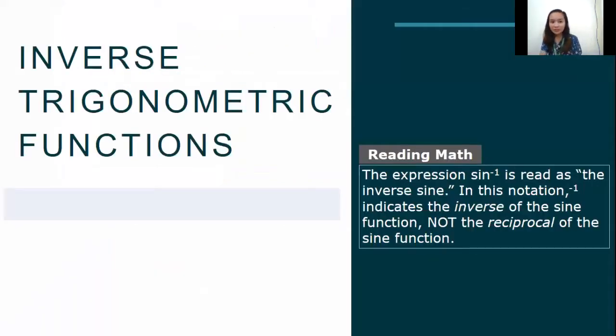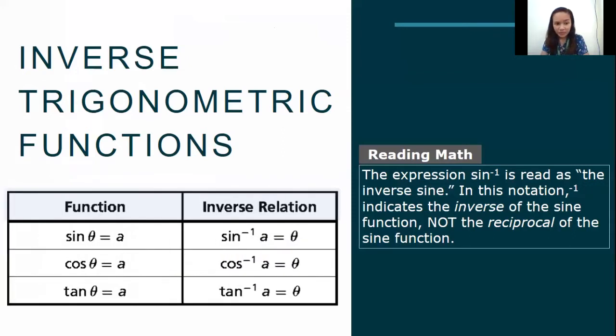Okay, so we also have the inverse trigonometric function. This is basically different from the reciprocal of the functions. In this notation, you have a -1 exponent, which indicates that this is the inverse of your function. So for example, your function is sine theta is equal to a.